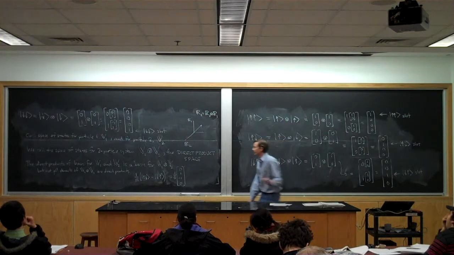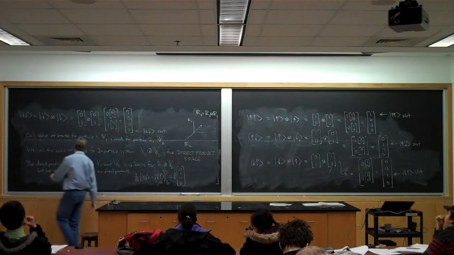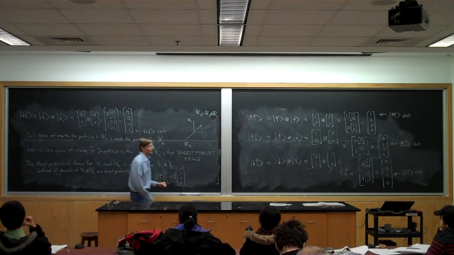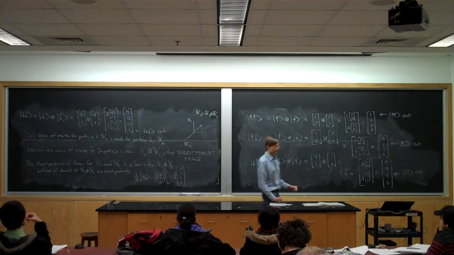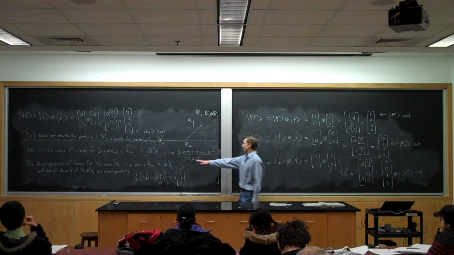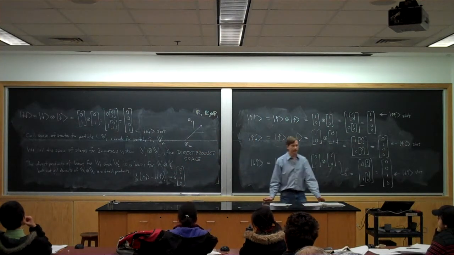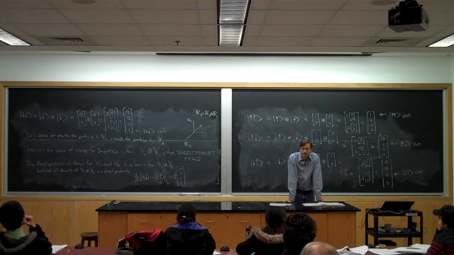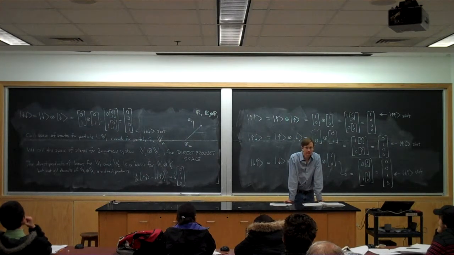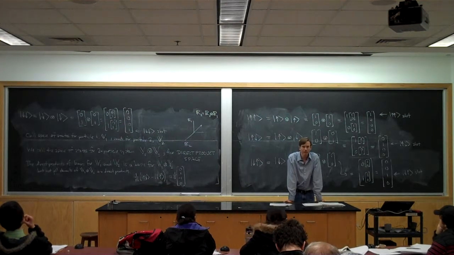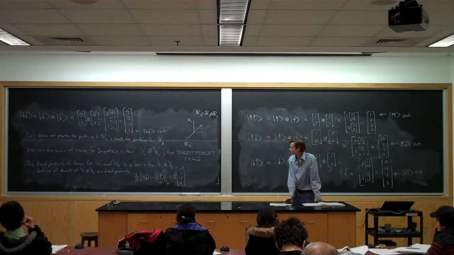And this statement right here, that not all elements of the direct product space are themselves direct products, is of profound importance, because states which are not direct products have a special name which you might have heard before, which are called entangled states. So if you've ever heard about entangled states in quantum computing and the Bell inequality and stuff like that, it's referring to what are called entangled states.